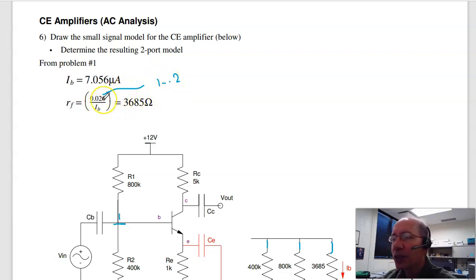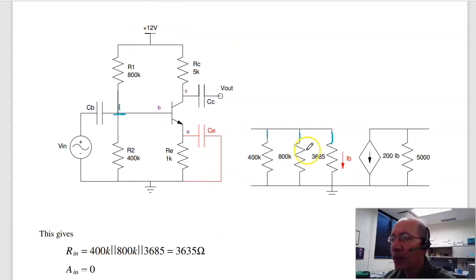I use 0.026 just to be consistent with Circuit Lab, giving you 3685 ohms, and takes you to the emitter. And again, it kind of helps to label these points. Emitter goes to collector through beta IB. Collector goes to ground through 5K. And this is for AC 0 volts, because this is 12 plus 0 sine omega t. I'm doing the AC analysis.